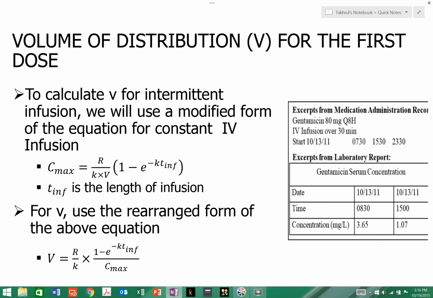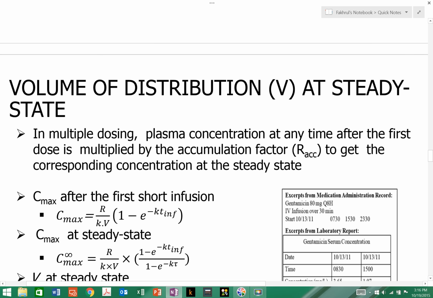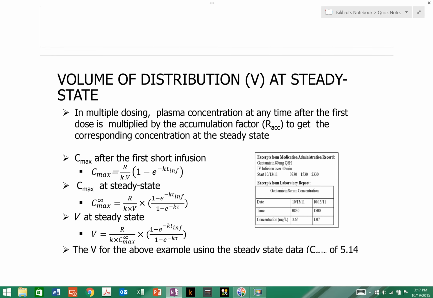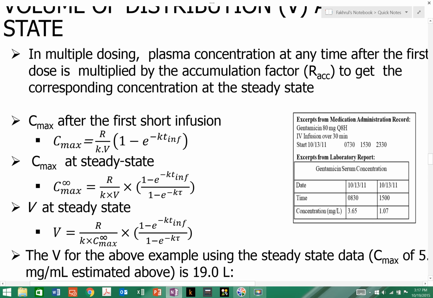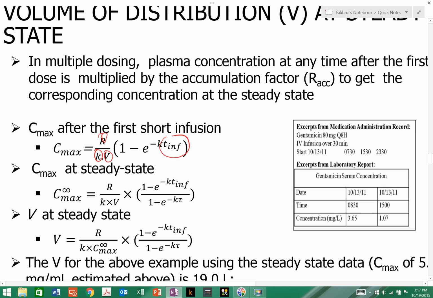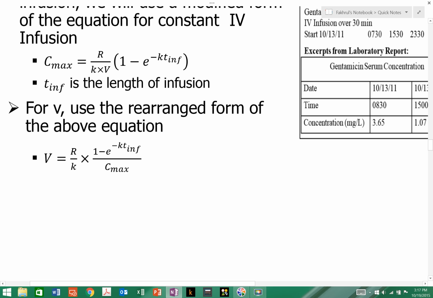So for volume of distribution, we have two equations, one for the first dose and another for steady state. Here is the volume of distribution after the first dose, use this equation: K, V is volume of distribution, R, and T is the length of infusion time.